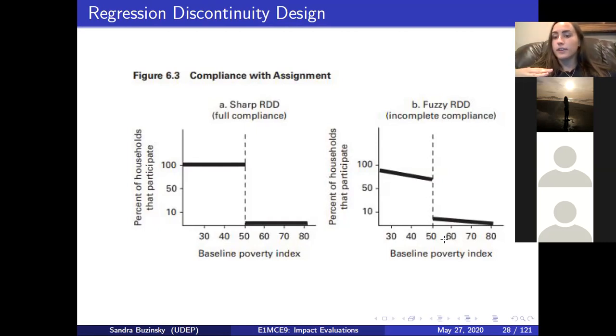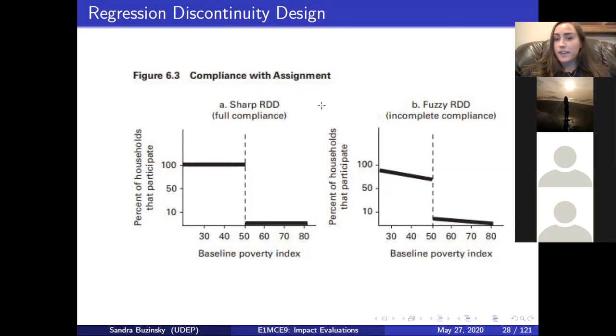Going back to the always takers, never takers, and compliers, we only want to consider the complier subpopulation, because they're the ones that will be incentivized to take on the program when they're offered it, and won't otherwise. Always takers are going to take it no matter what, and they might have differences in motivation or other unobservable factors. Same for the never takers.